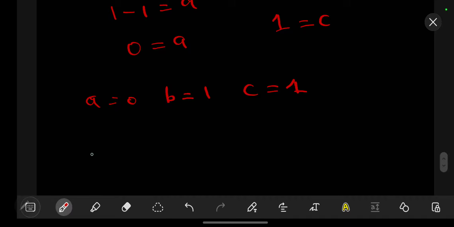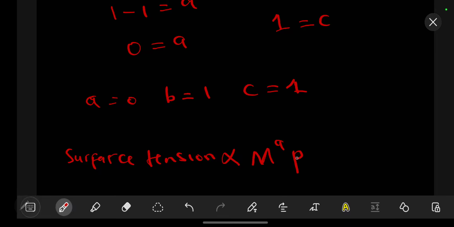So we said that the surface tension, our T, should be directly proportional to, according to this, the equation that we wrote: directly proportional to our mass to the power of A. We also had our pressure to the power of B and our radius to the power of C, like that.